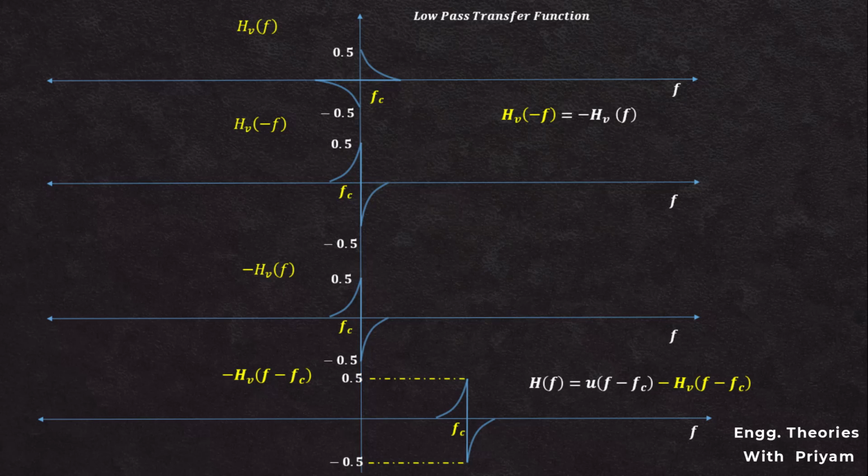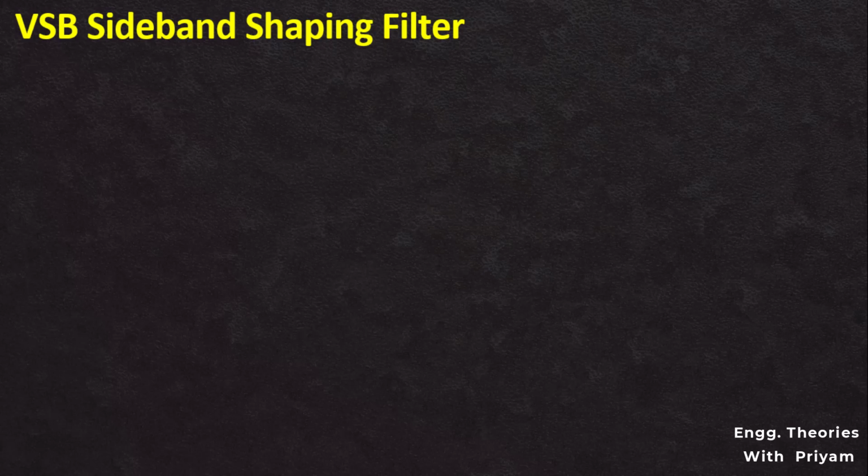Now, as this -H_v(f - f_c) is included in the representation of the transfer function H(f), and -H_v(f - f_c) maintains the odd symmetry at the carrier frequency f_c, we can say that our transfer function of the sideband shaping filter, H(f), will also exhibit odd symmetry about the carrier frequency.